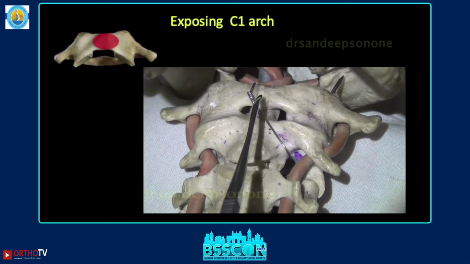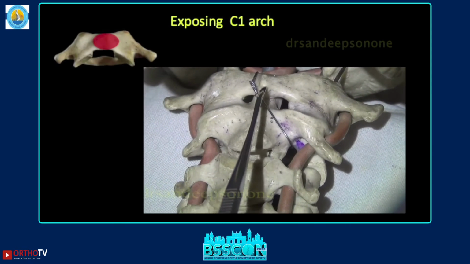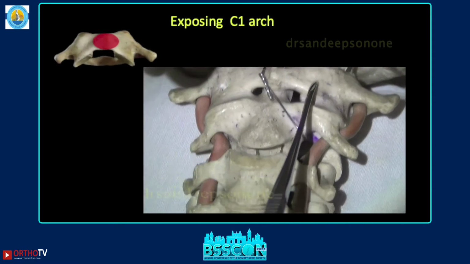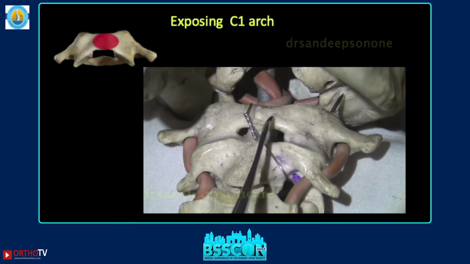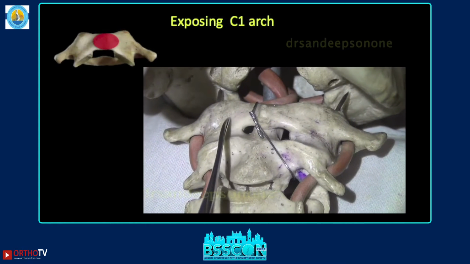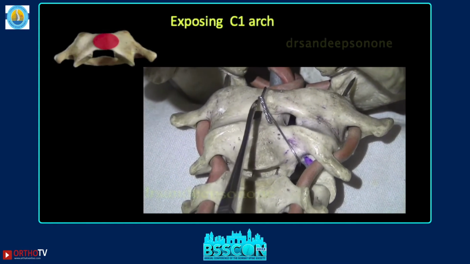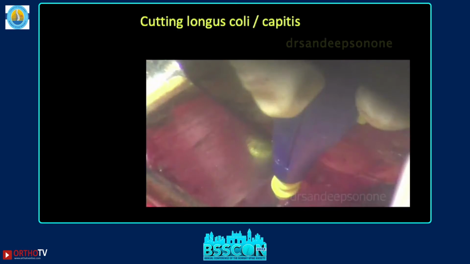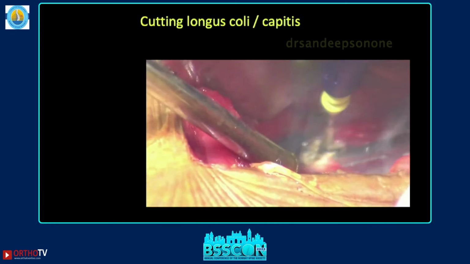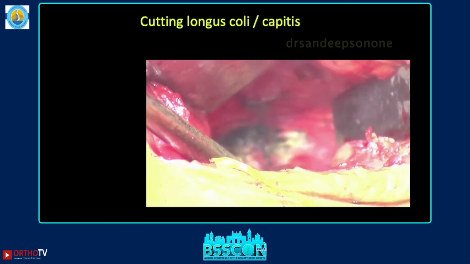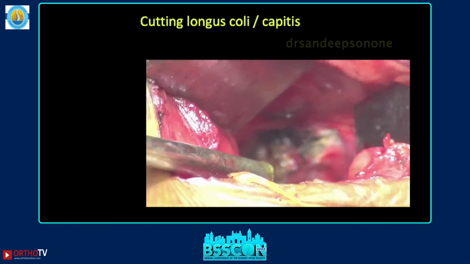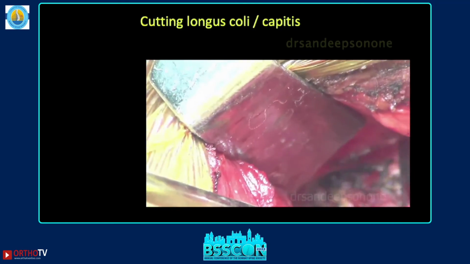The next sequence is following the C1 arch laterally onto the C1 lateral masses on either side, the right and left, exposing the lateral margin of the longus colli. While cutting the longus colli, care is taken not to cut it blindly right up to the lateral margin.